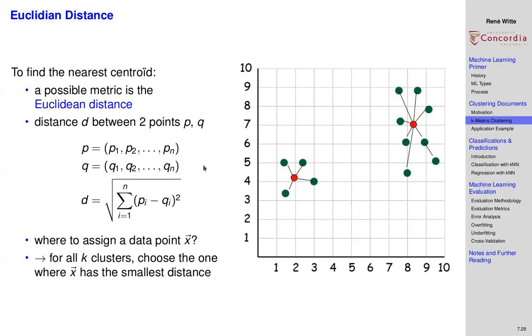There are different distance metrics, and here we are just using the Euclidean distance. So it's the square root of the square of the vector difference. And then you know for each point the distance to the centroid of cluster 1 and cluster 2, and then you assign it to the cluster with the smallest distance. So these points here are all assigned to the cluster with this centroid, and the points here are assigned to the cluster with the other centroid.